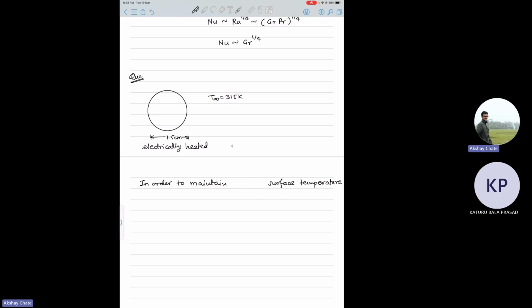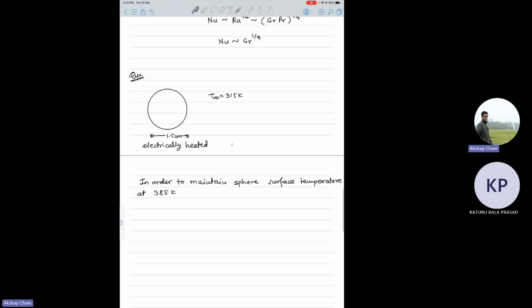Maintain the sphere surface temperature at 385 Kelvin. Estimate the required heater power.